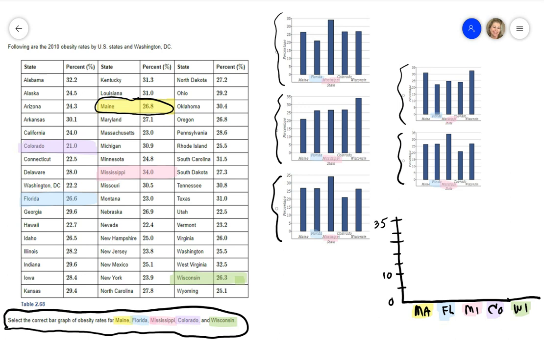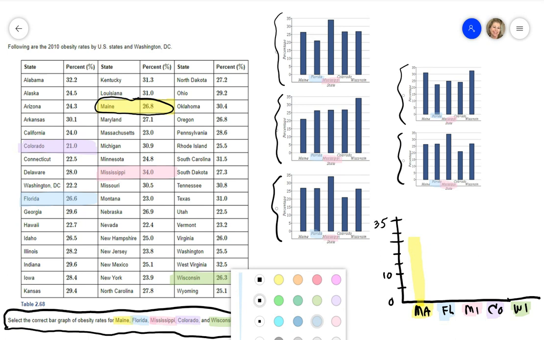It's just the bars are different. So 26.8, my bar for that should go up. Let me make my bar a little thicker. Here we go, to 26: here's 10, 15, 20, 25, a little higher than that, 26. Give or take. It's just going to give me a good idea.